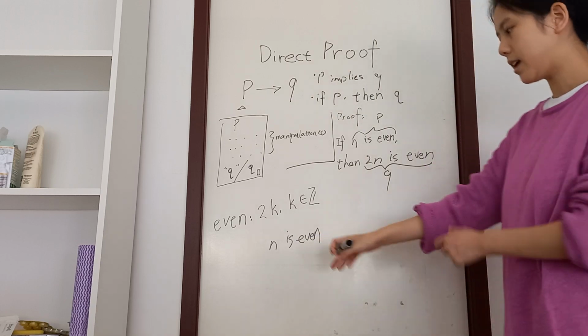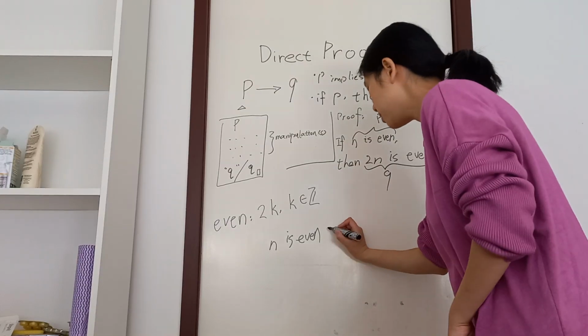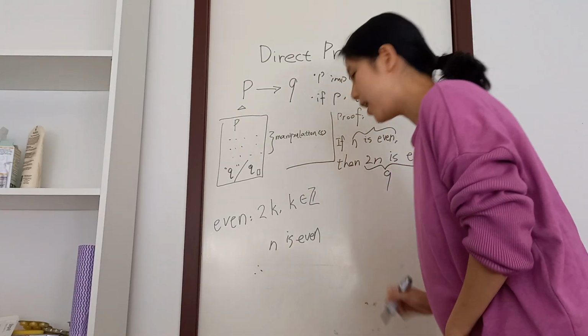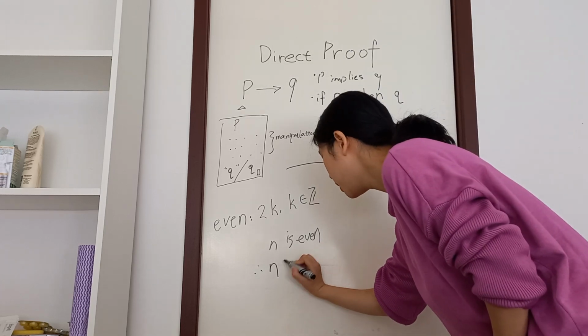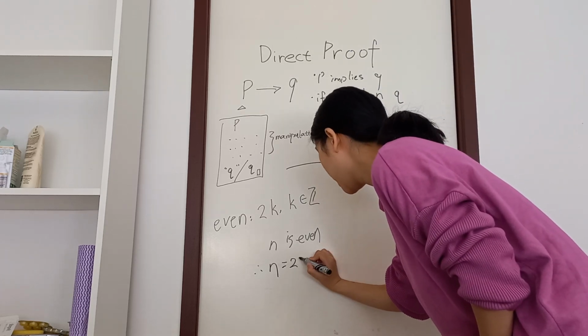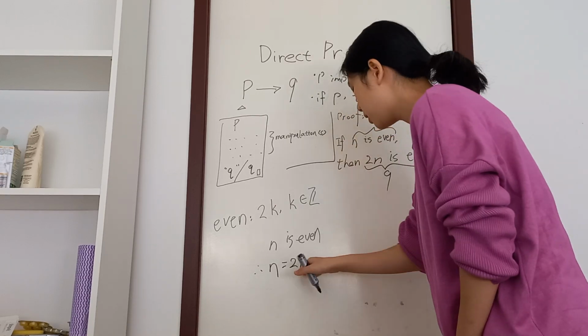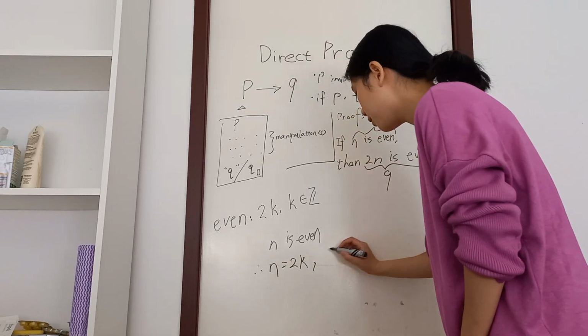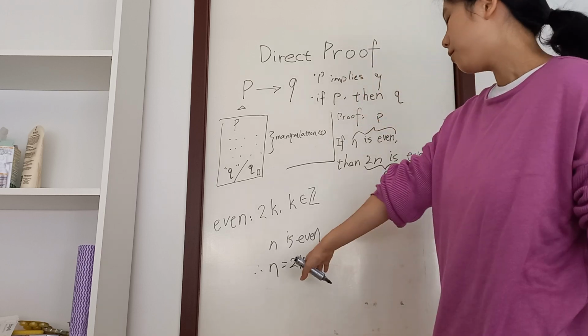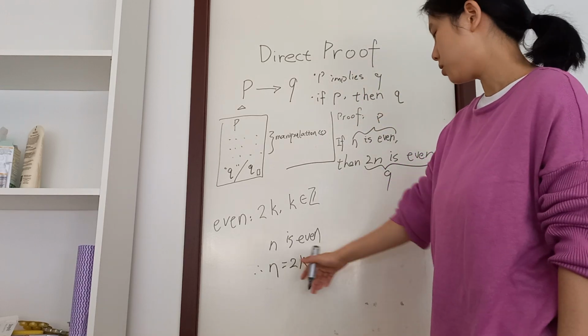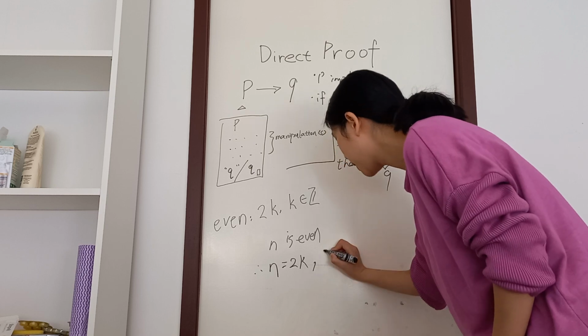What does this tell us? This tells us that n can be written in the form n equals 2k. Now remember to always write the correct domain for the variable that you just wrote out.